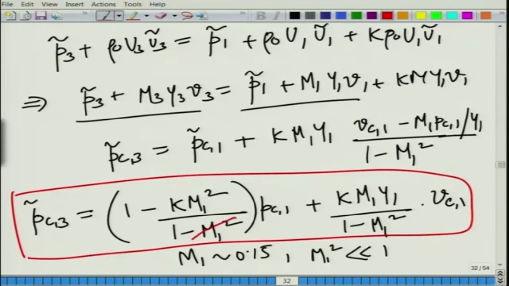If you neglect this, you still have a second order term in the numerator, which should be much smaller than the unity term, because k ultimately is a loss factor. It is small, less than unity. So, this entire term is much smaller than 1, provided that M 1 square is much less than 1. That is what we do, and then we also neglect the M 1 square in the denominator.